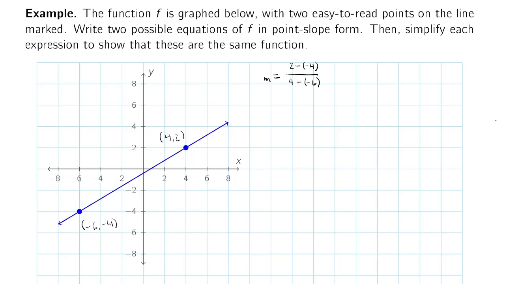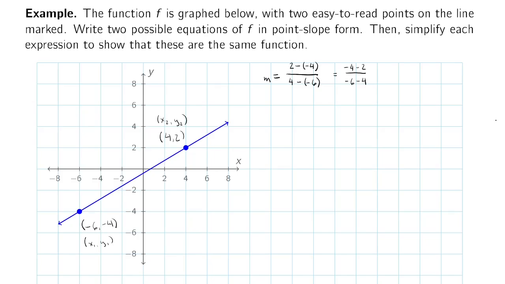So I've chosen to make this point my x1, y1, and this point my x2, y2 in my slope formula. I could have done that in the other order. I could have said -4 minus 2 over -6 minus 4. And that would have given me the same slope.